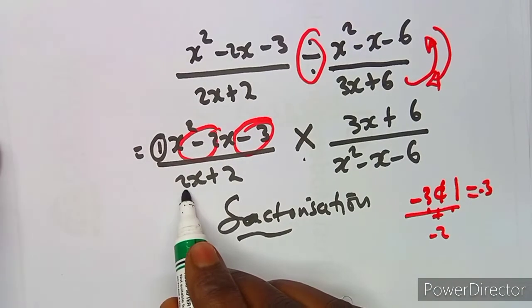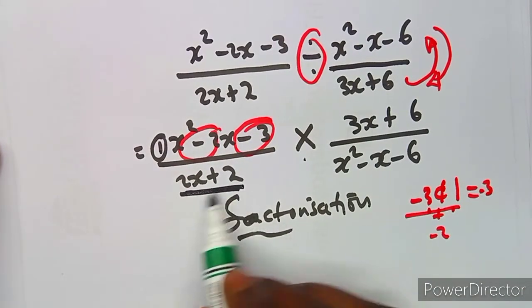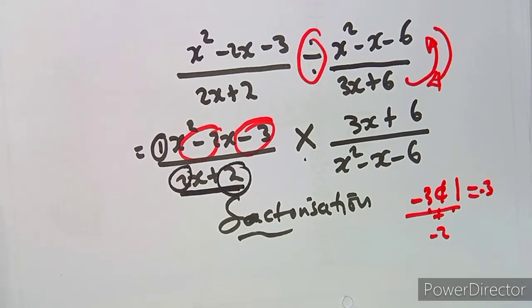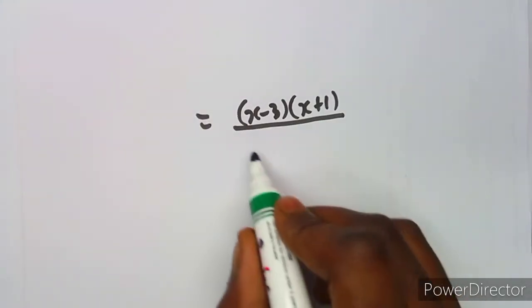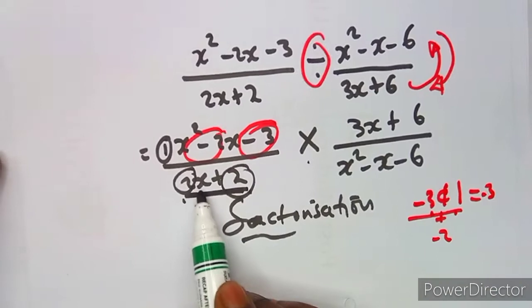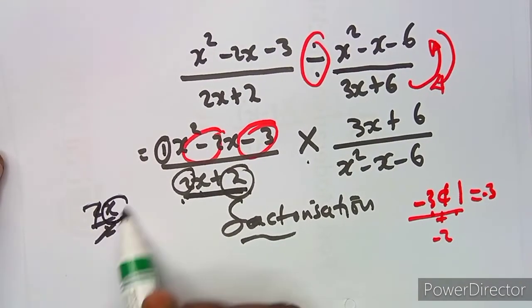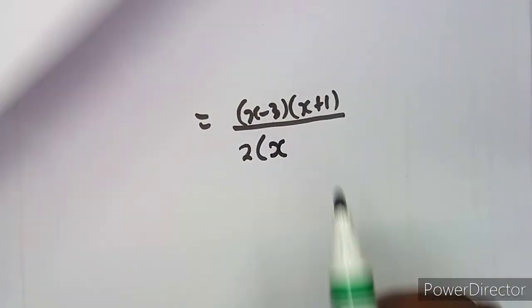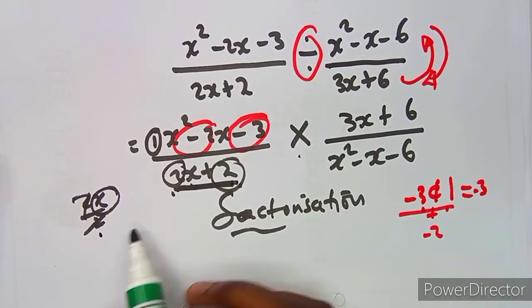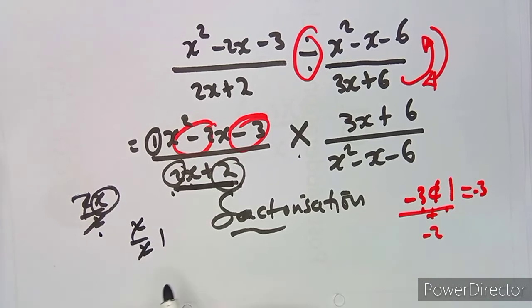And this one is direct here because it's 2x plus 2. It's just a linear expression where 2 is common, so you can factor out the 2. 2x divided by 2 is going to remain with x, and 2 divided by 2 is going to be plus 1.